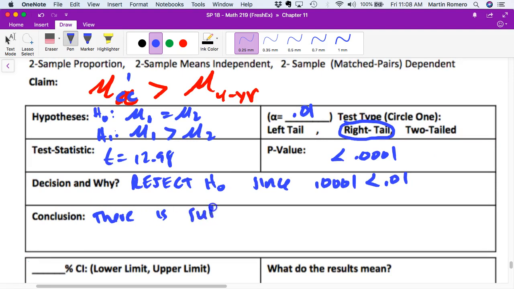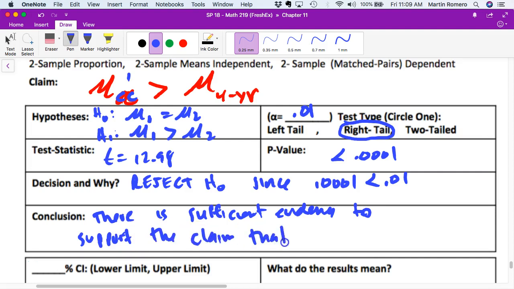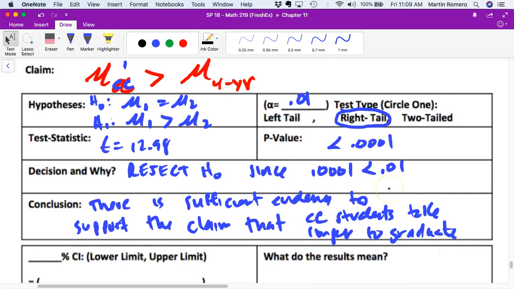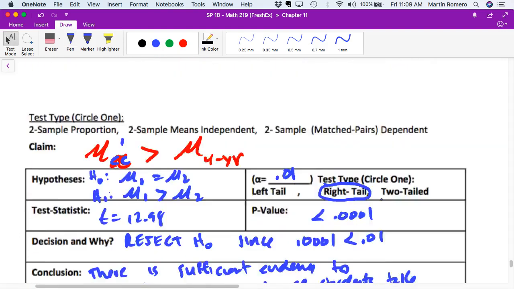There is sufficient evidence to support the claim that community college students take longer to graduate. And so that's our conclusion, and that's running hypothesis tests on independent samples.